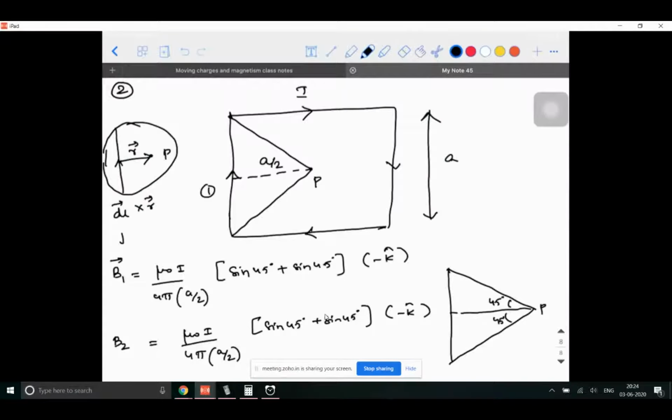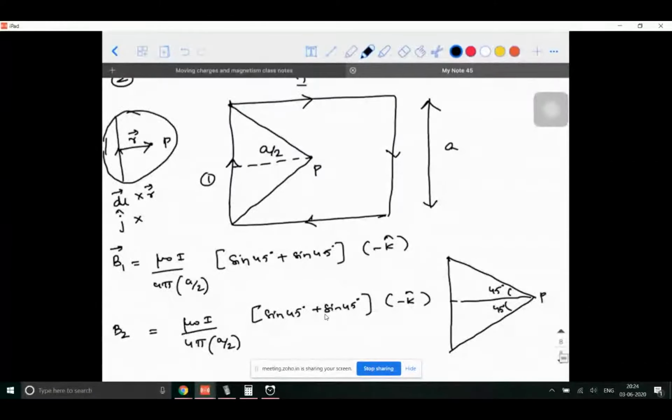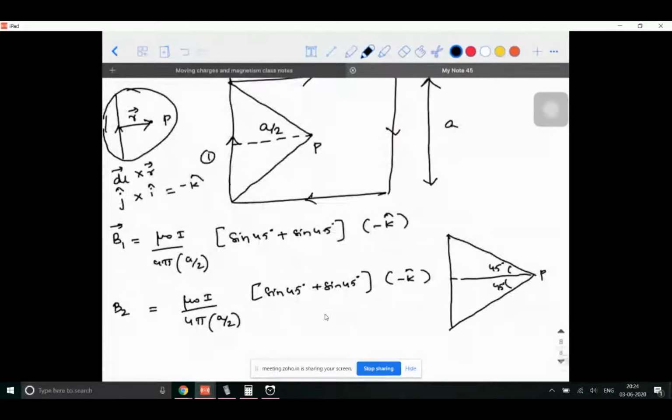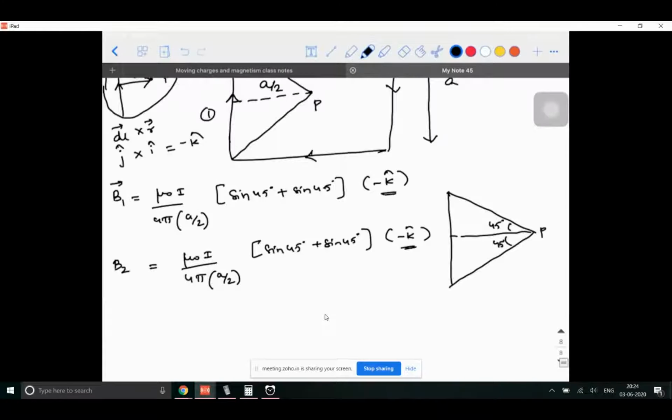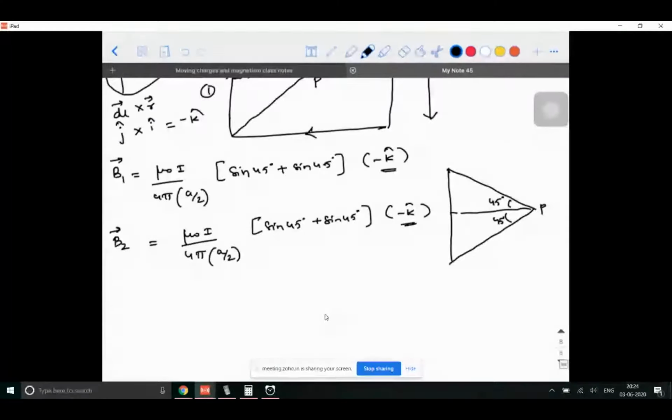It is j. It is I cap. So what is j cross I? That is the reason why you have a minus here. Similarly, for the other ones you will also get a minus sign. So this is the B2 vector.